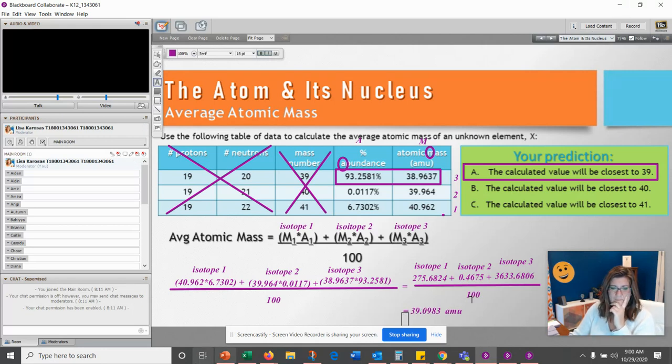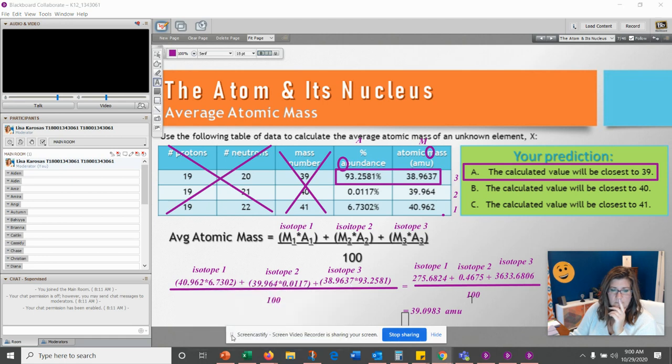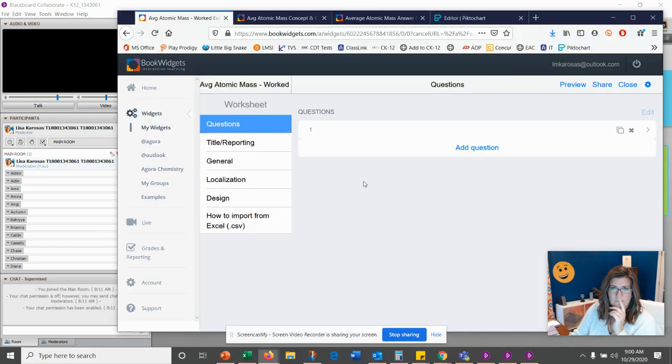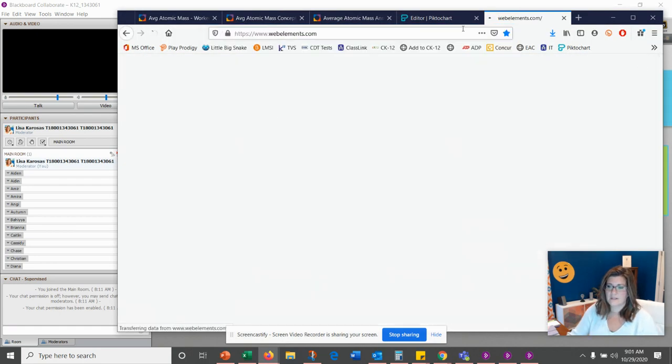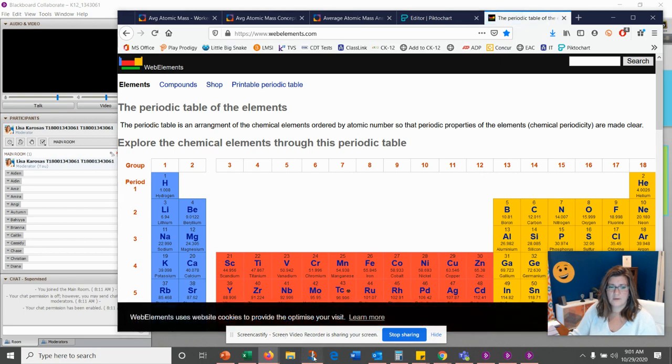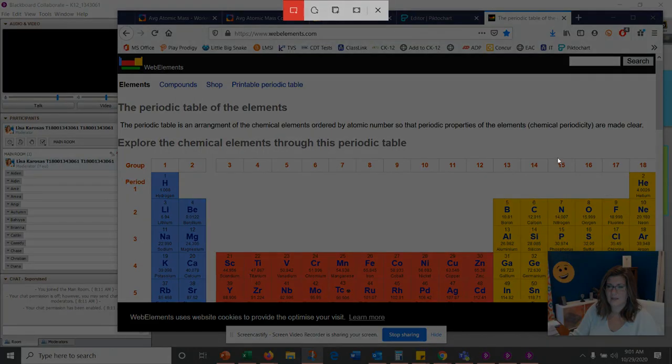Now, I'm going to open my periodic table, webelements.com, and I'm going to look for 39.09. We can actually find, I'm going to grab a snip here.